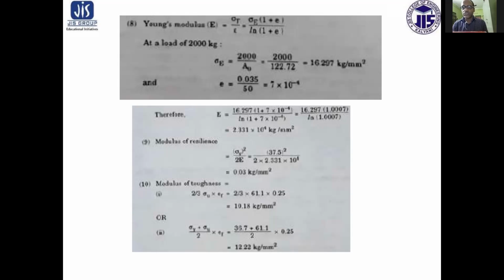Or this modulus of toughness we can calculate in another way. That equation is sigma y plus sigma u by 2 into EF.